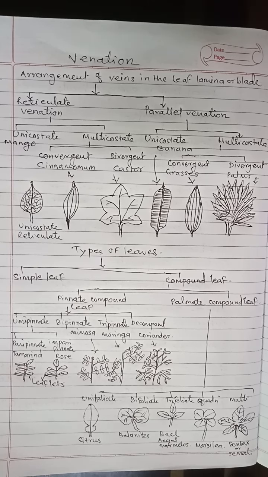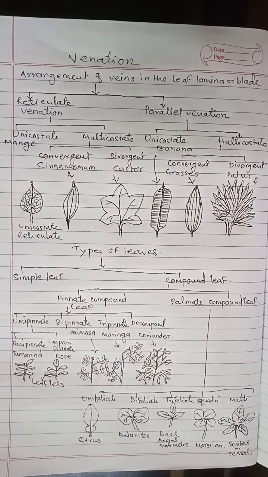Unipinnately compound leaf. Here the primary rachis is unbranched and bears leaflets on either side. Unipinnate compound leaf are of two types: paripinnate unipinnate compound leaf and imparipinnate unipinnate compound leaf.